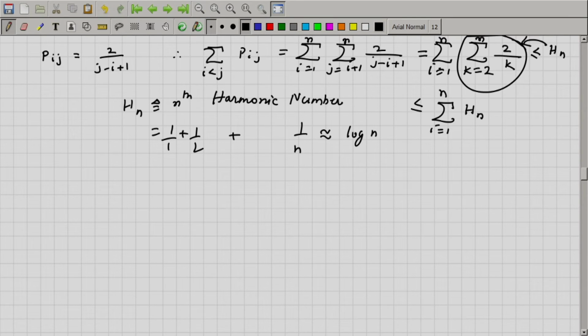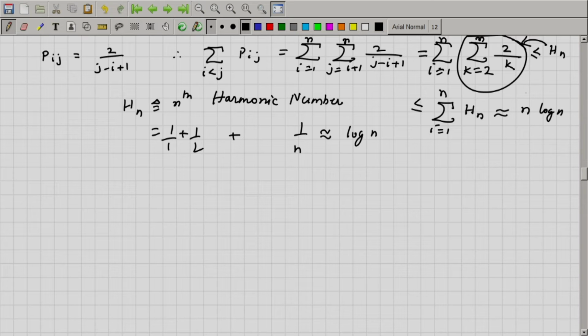So, the overall summation is going to be less than n log n, or you can say it is approximately n log n. So, that tells us that randomization can help us come up with very simple algorithms with very good running time.